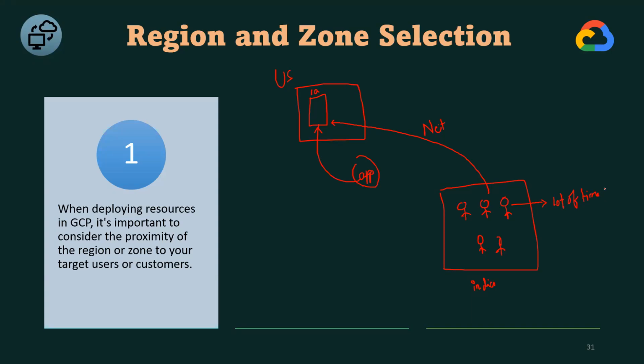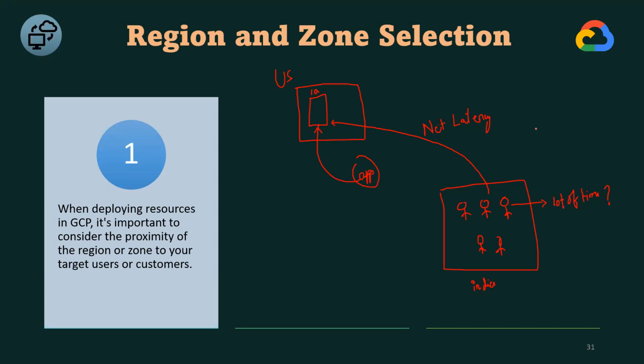Because it is taking a lot of time to connect all the way from India to the US data center where the application is installed, the network latency is very high. So that is the reason they don't want to use it. Whenever you are selecting a region or zone, you shouldn't do this.